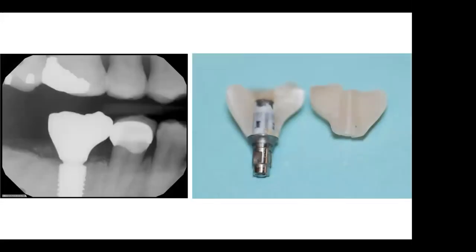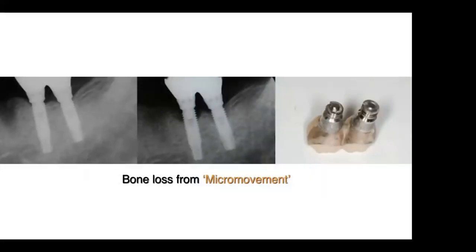Or sometimes because it's so mobile, it's so loose, during function, during chewing, the crown itself can fracture in half, like in this picture. And sometimes the implant itself can fracture in half, like in this case.